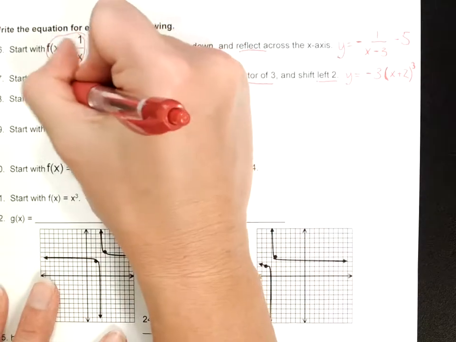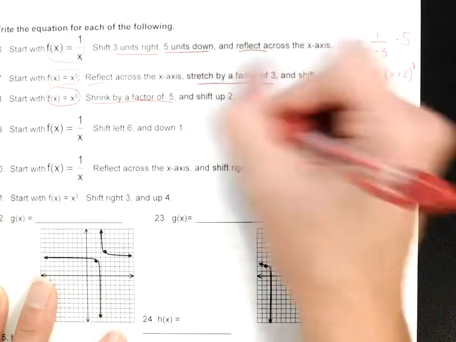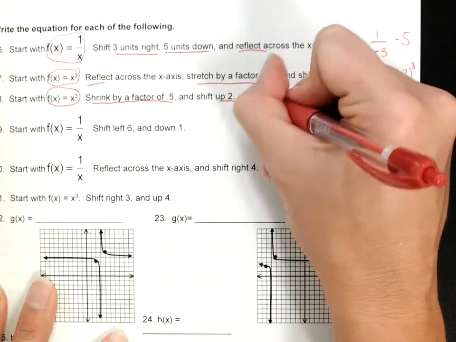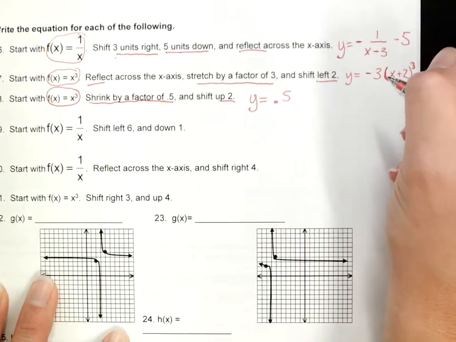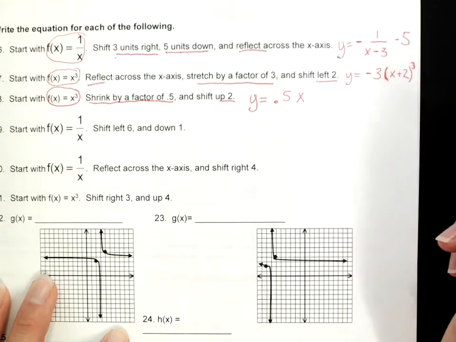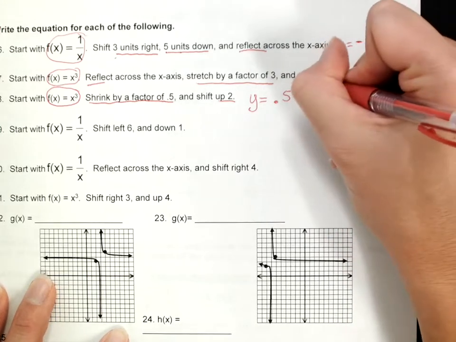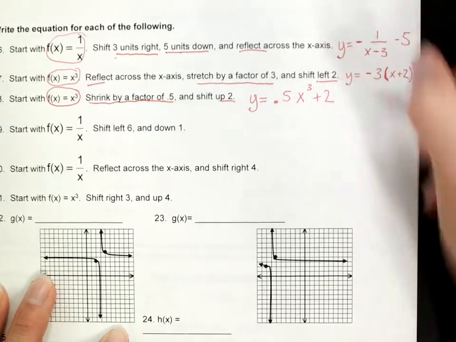Again, starting with a cubic, we're going to shrink it by a factor of 0.5 and go up 2. Y equals, I need that 0.5 in front to shrink it. I don't need parentheses this time because nothing is moving to the left or the right, so I could go ahead and just put my x cubed. Up 2 is a plus 2 on the outside.